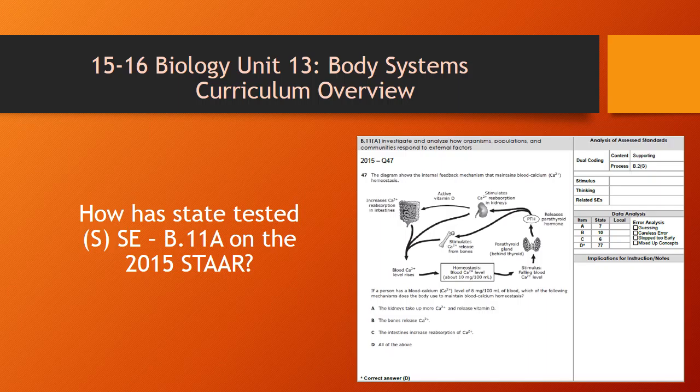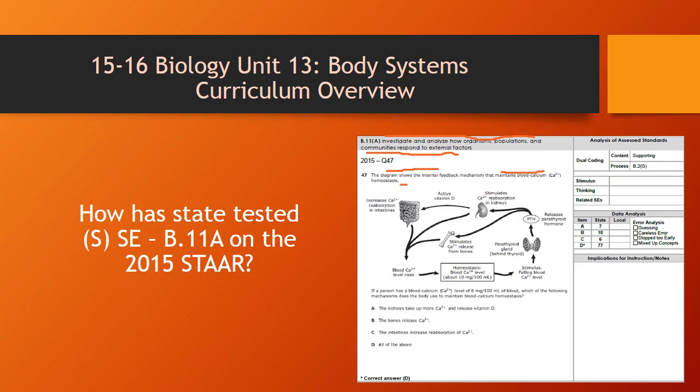And looking at 11A, the students will have to investigate and analyze how organisms, populations, and communities respond to external factors. And here we're talking about feedback mechanisms. You have your positive and negative feedback mechanisms that occur. So in this diagram, there is an internal feedback mechanism that maintains blood calcium for homeostasis.